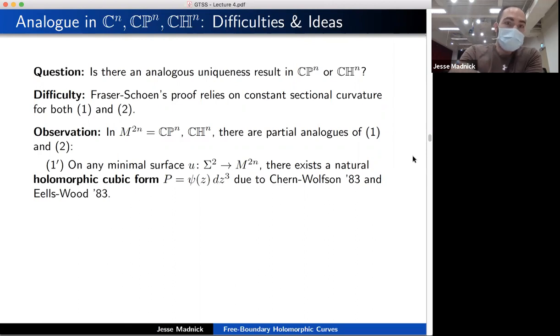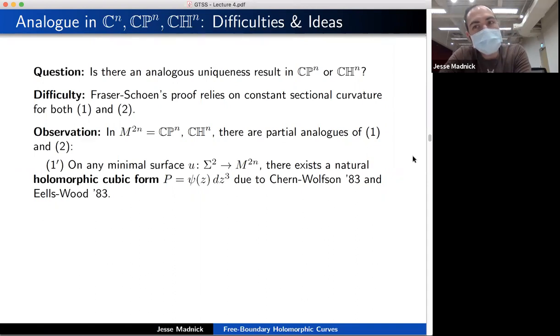So on a minimal surface in, let's say, CP^n or CH^n, these are the complex space forms, there is a natural holomorphic cubic form. Okay, and this cubic form was discovered independently by Chern and Wolfson and Eells and Wood. And this holomorphic cubic form is of a different nature than the holomorphic quartic form Q, whereas Q is purely a second fundamental form type of object.